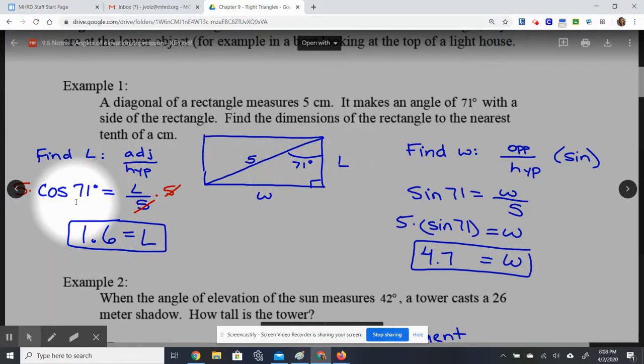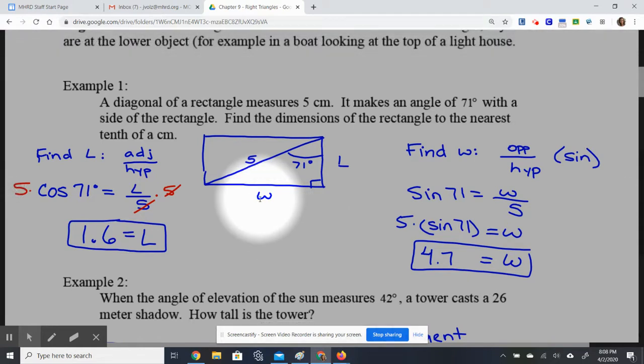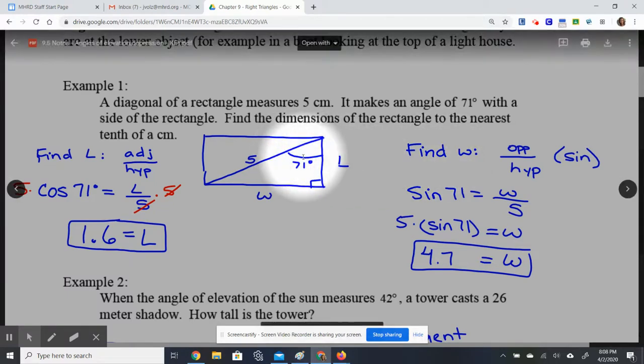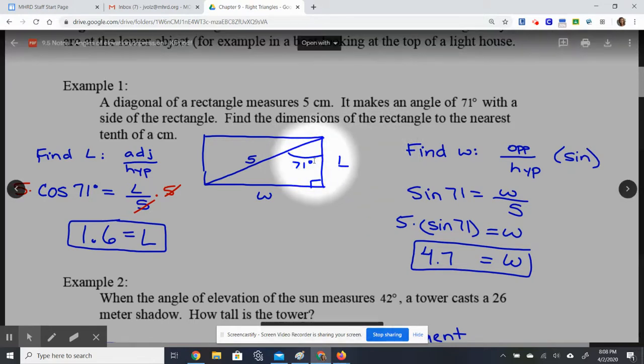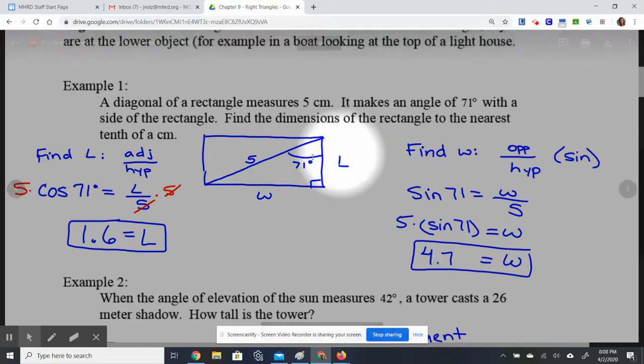Now, I could use the Pythagorean theorem from this point to figure out W. That's one option. But actually, I decided to just get more practice with trigonometry, and I changed my perspective about what I'm looking for. Now that I know the length, I'm looking for the width. And so this angle 71 is across from the width.